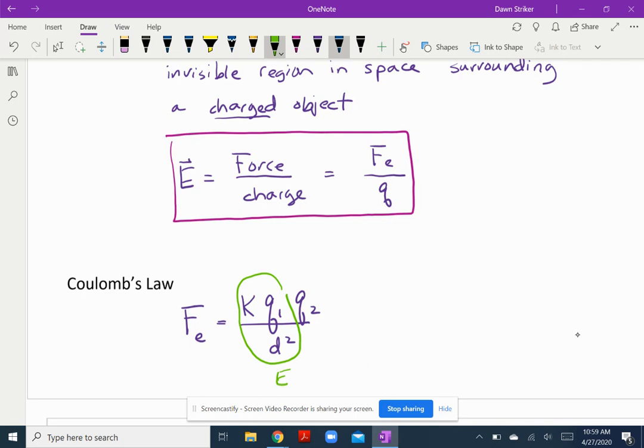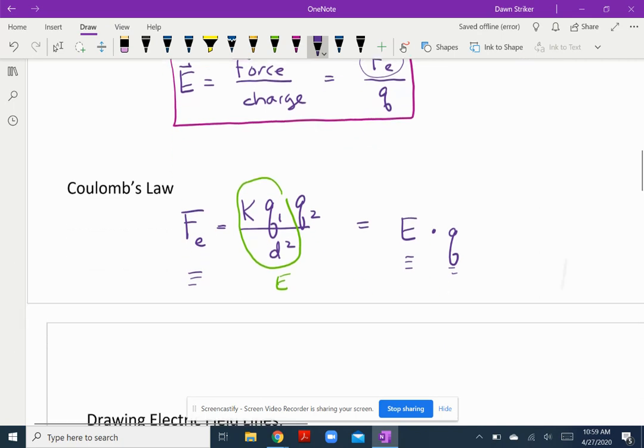And so the electrostatic force is really the electric field multiplied by the amount of charge that's present. So it's very similar to the force of gravity. The electric field is the force per unit of charge. Or I could say that the electrostatic force is the electric field times the amount of charge.